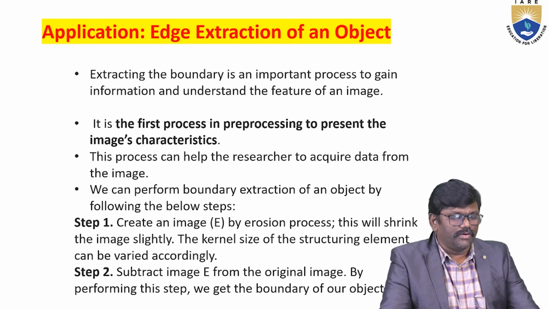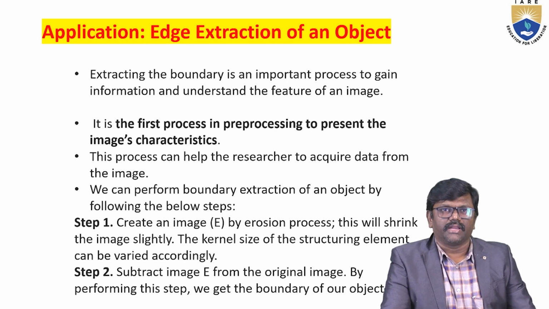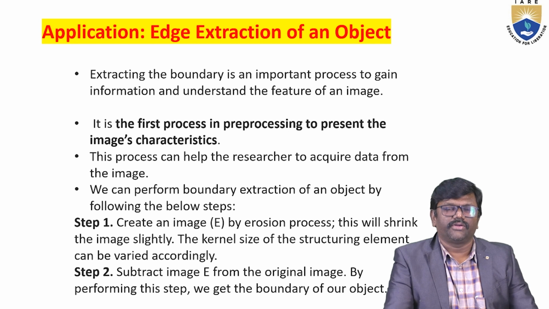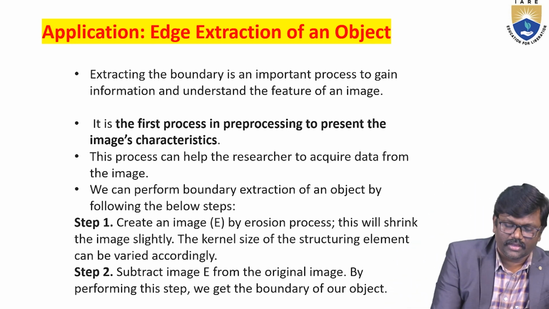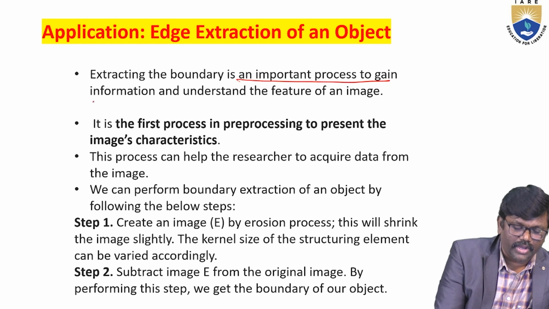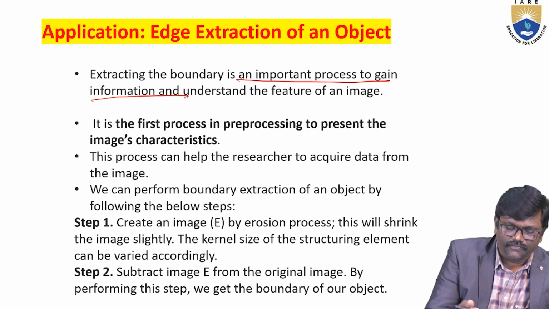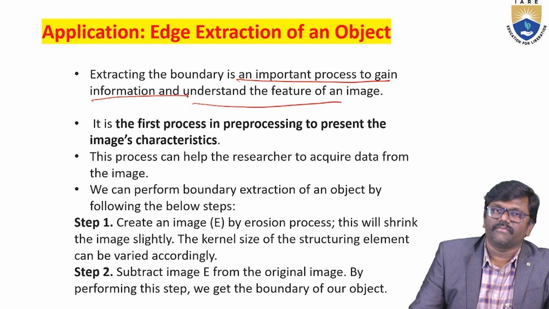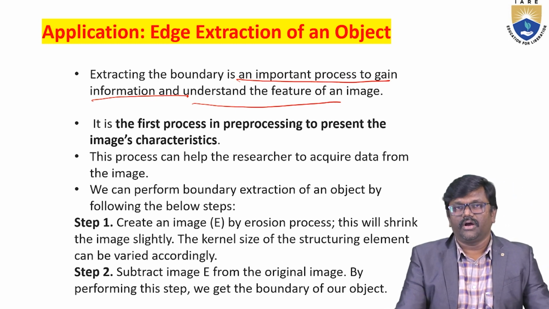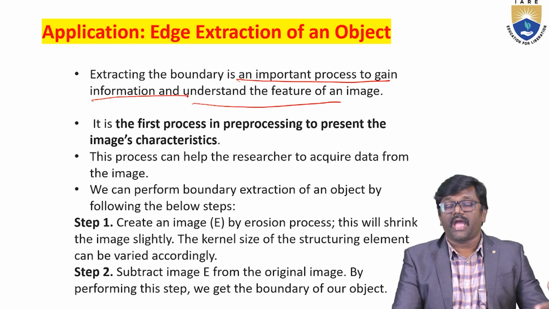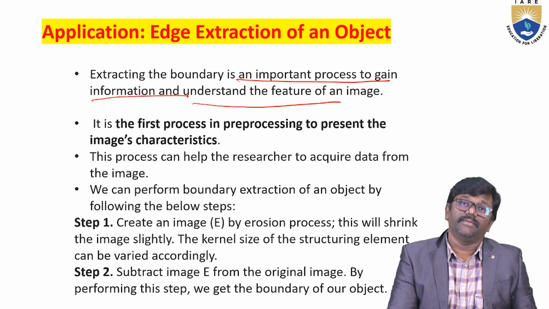With this, let us look at certain applications we have to concentrate on now. Those are extracting boundaries in an image, processing to gain information and understand the features of images. How can you process this? It happens by using morphological image processing.